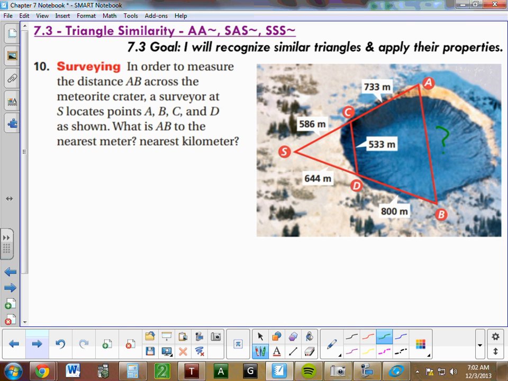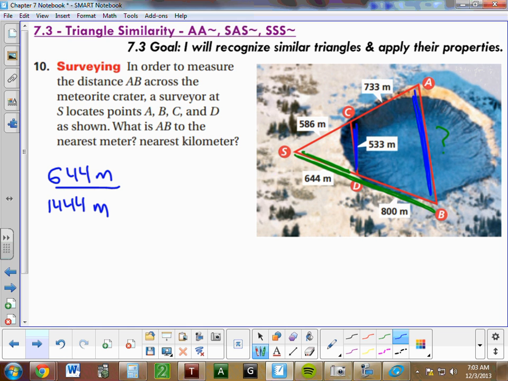So I've got two similar triangles. So I should be able to set up some sort of proportion to show what AB is. So I've got, maybe I'll use the small side on this triangle and then the large side here. And then I should be able to compare that to the small side on this triangle and then the larger side right there. So I should be able to say that 644 meters over the total, which is 1,444.